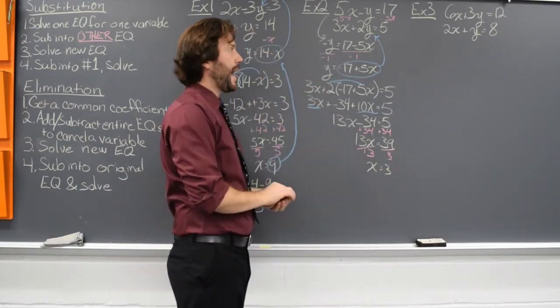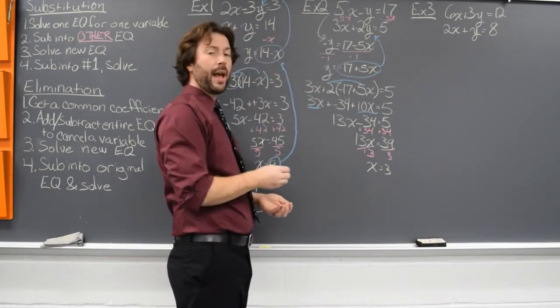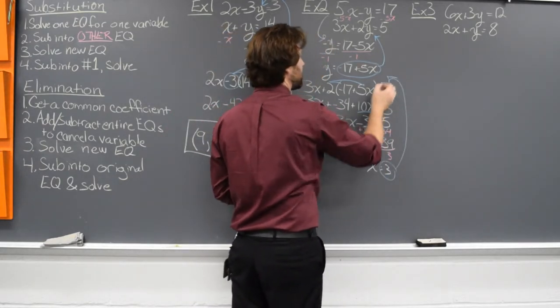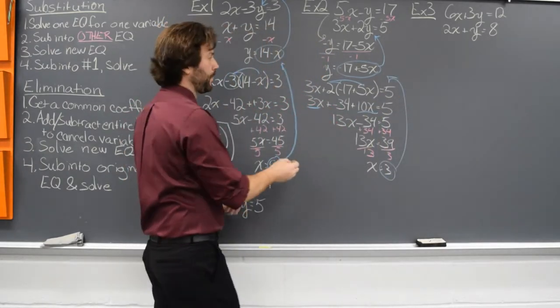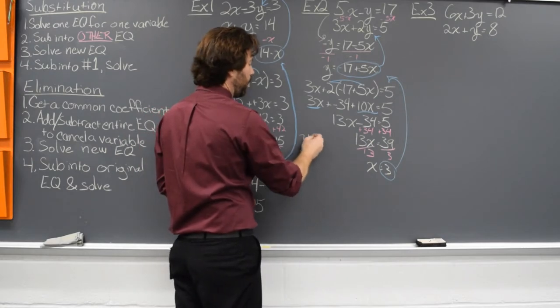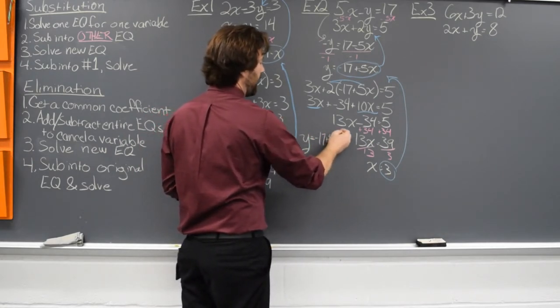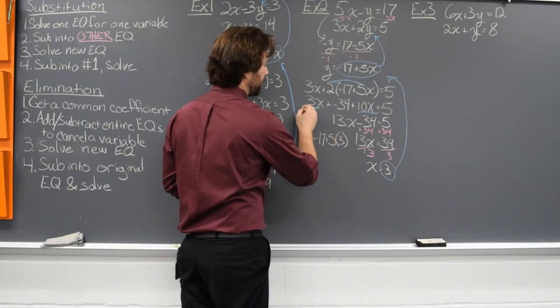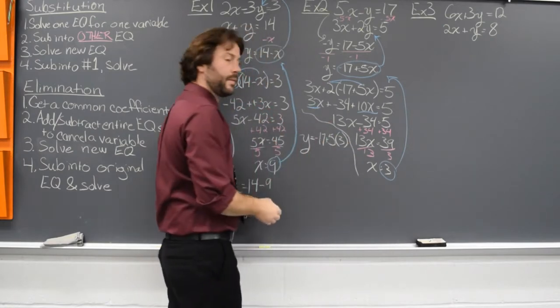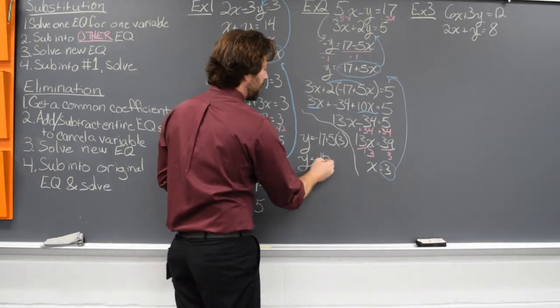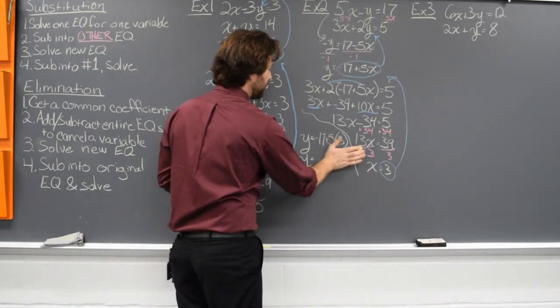Okay, now, that's half of our solution. We want to take what x is equal to and put it in place of x in that other equation. So we'll have y equals negative 17 plus 5 times 3. Okay, well, 5 times 3 is 15.